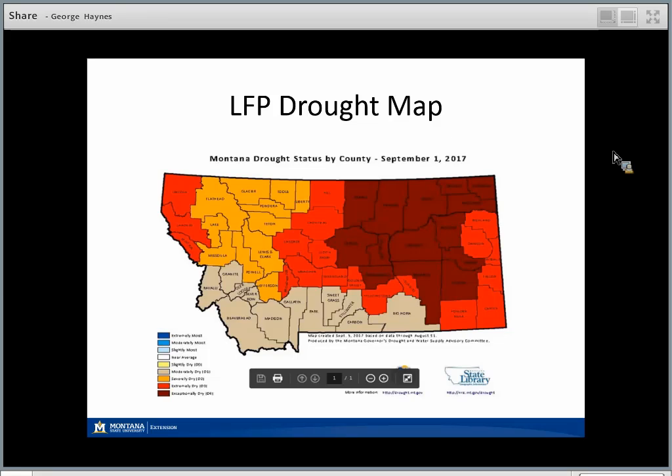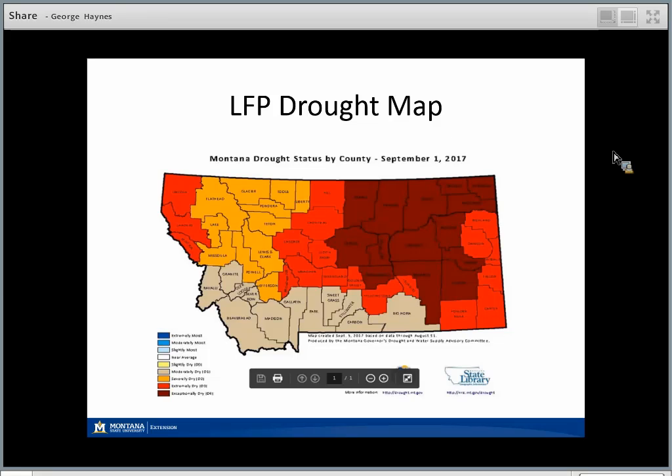The red areas are extremely dry. These are really extreme drought conditions. You get over to the gold in the western part of the state, this is severely dry, and then finally the brown is moderately dry. 100% of Montana is eligible for some payments from the livestock forage program.